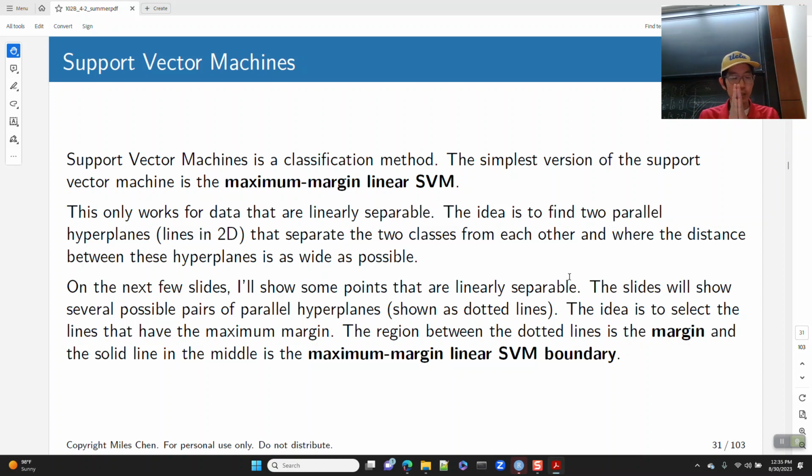And the idea here is you want to find basically parallel lines. So in 2D, two-dimensional space, where I'm going to show you points, we will draw two parallel lines. But in a higher dimensional space, like 3D, we would have two parallel planes.